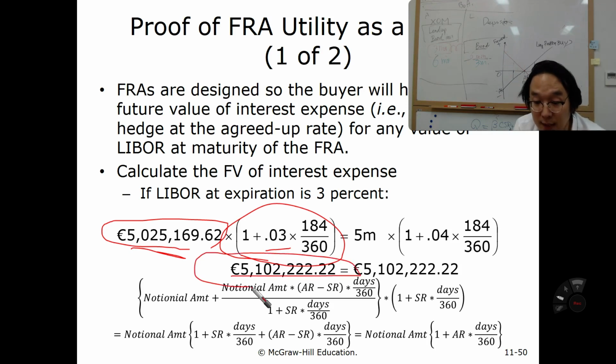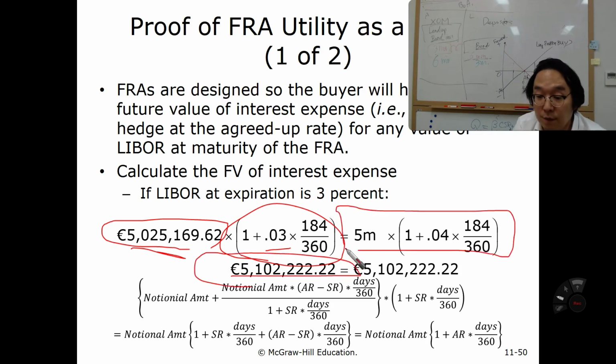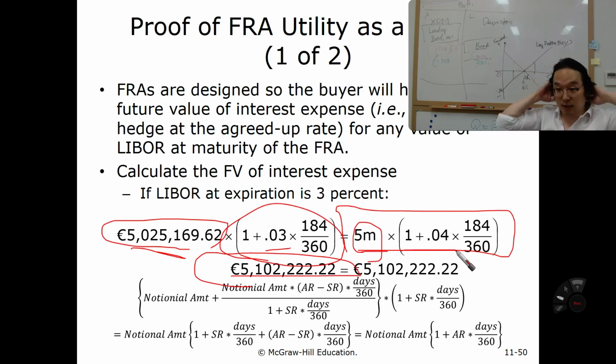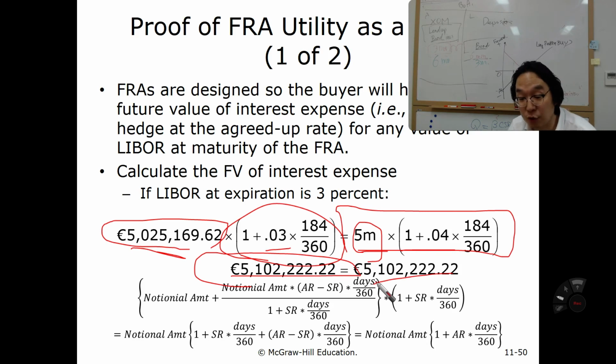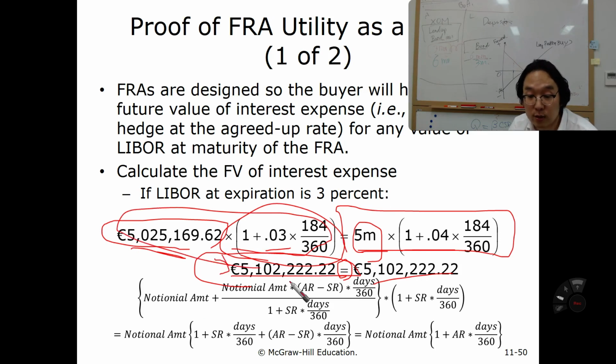And then if you calculate 5 million euros at that secured 4% rate over the next 6-month horizon, then what you're going to get is the right-hand side amount, 5.1 million euros, which should be identical to the future value that you get using this. Okay, so that's one thing.